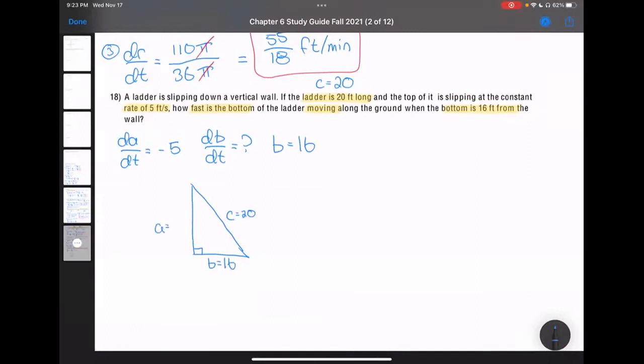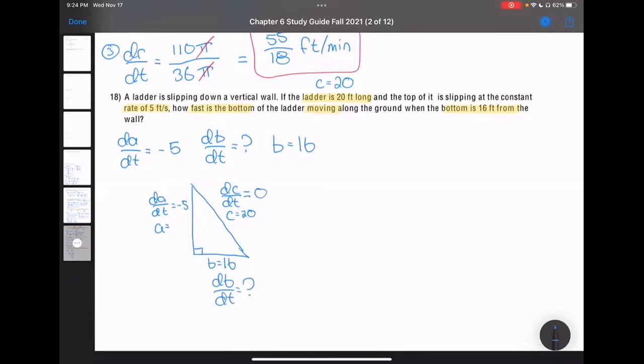We don't know what A is, but we can use Pythagorean theorem in a moment to find that out. dA dt is negative 5. We know that because the ladder doesn't change its size, its rate of change is 0. And we are looking for dB dt. We don't know what that is.